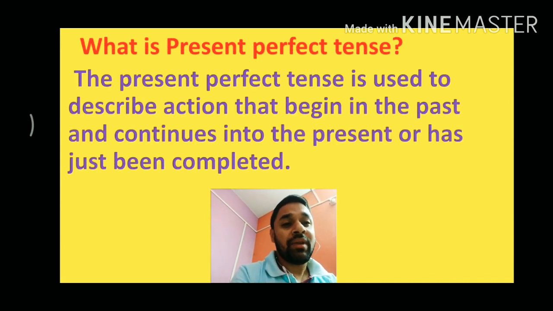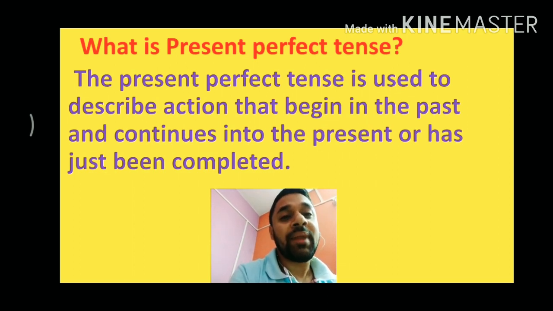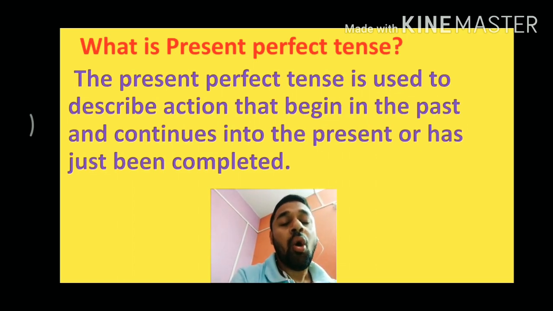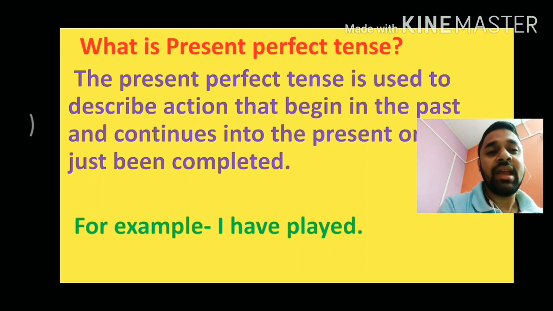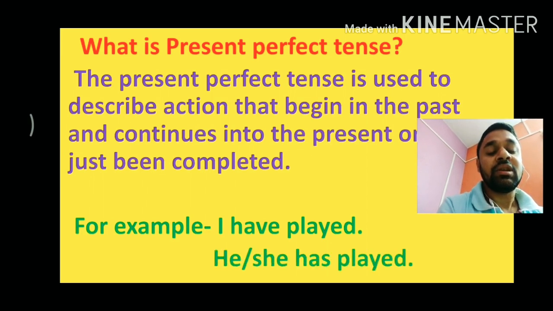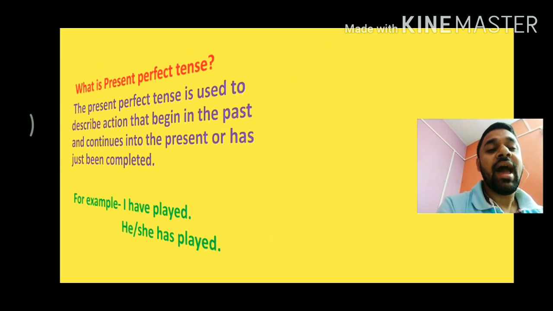The present perfect tense is used to describe an action that began in the past and continues into the present time, or has just been completed. In that case we have to use present perfect tense. For example, I have played, he or she has played.